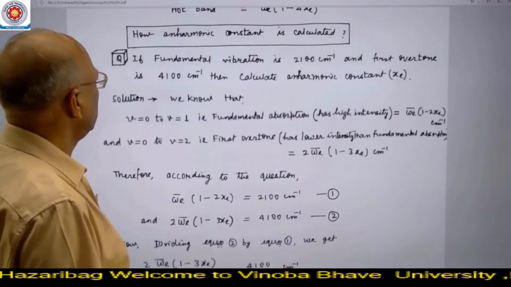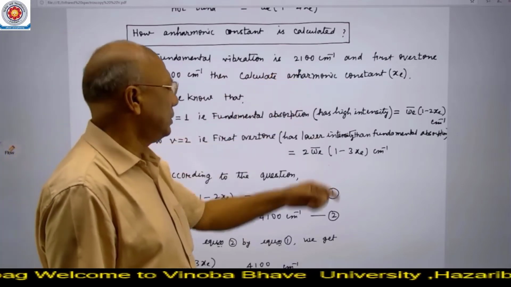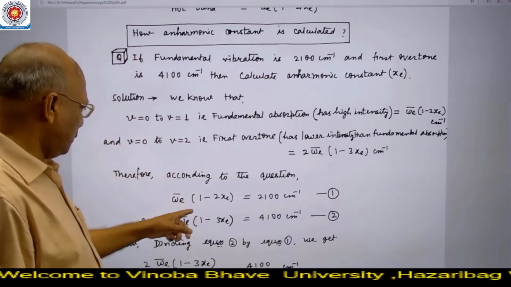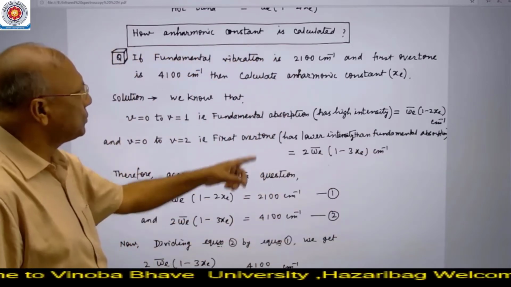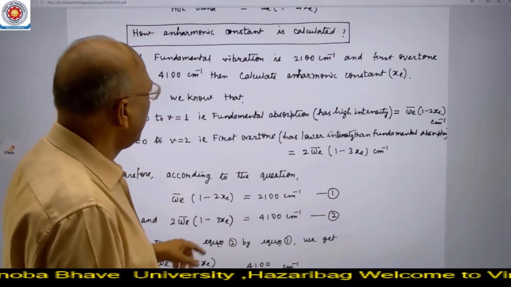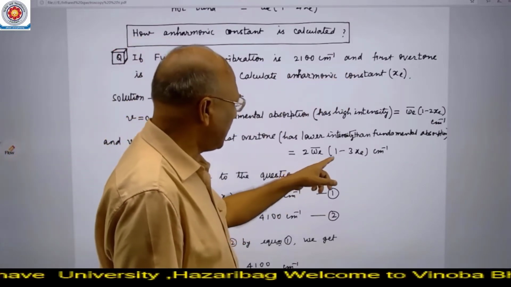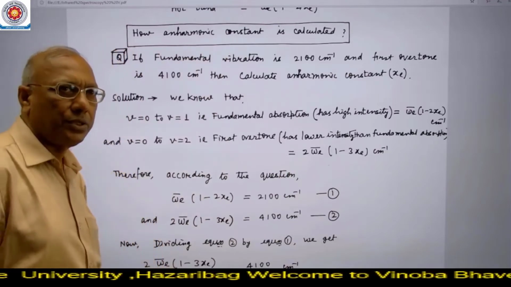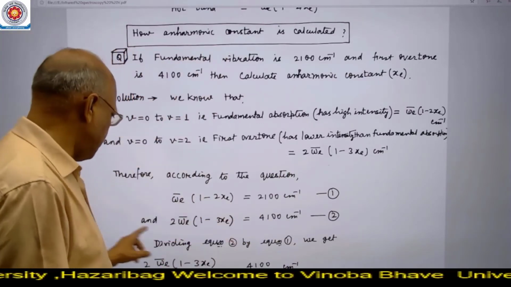So according to the question, the fundamental vibration occurs at 2100 per centimeter. So we write omega E bar into 1 minus 2xe is equal to 2100 per centimeter, equation number 1, and the first overtone, 2 omega E bar into 1 minus 3xe per centimeter, is equal to 4100, equation number 2.